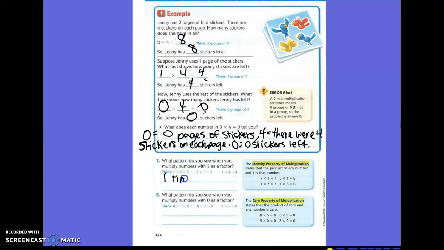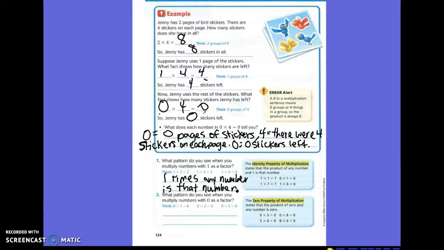1 times any number is that number. Okay, so what property was it that we multiplied by 1?